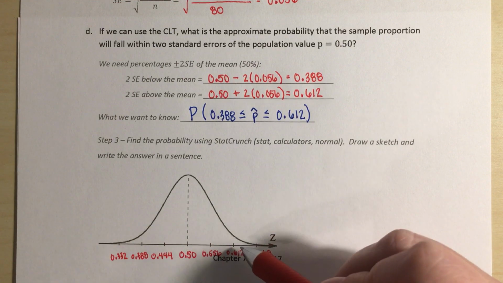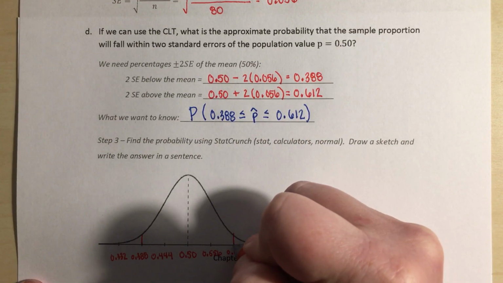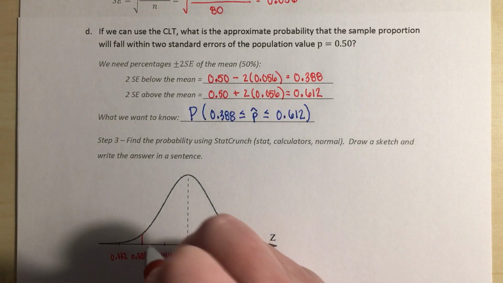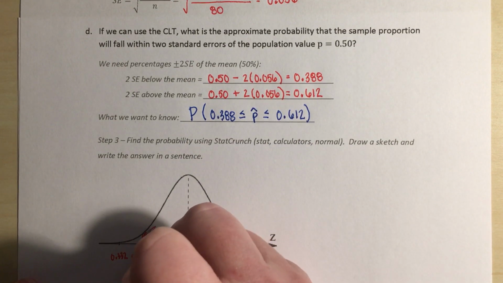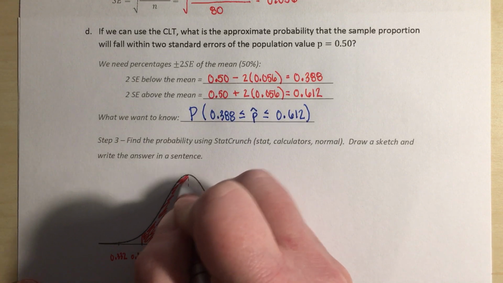Again, if we look at our picture, this matches up. These are 2 standard deviations away from our mean. So we could have waited until we got to the curve to find those values, which also works, but just to show where those values came from, I erred on the side of caution and put a little bit extra in there. And we're going to shade in all of this in the middle here.